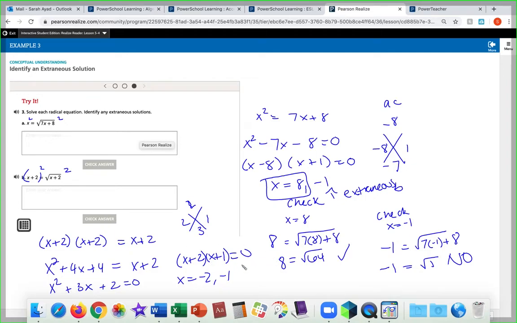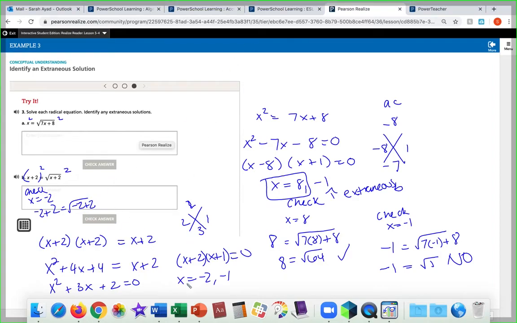I now have to check my work. I'm running out of room here, so I'm going to check it over here. I'm going to check x equals negative 2 first. Negative 2 plus 2, does that equal the square root of negative 2 plus 2? Well, negative 2 plus 2 is 0. Does that equal the square root of 0?